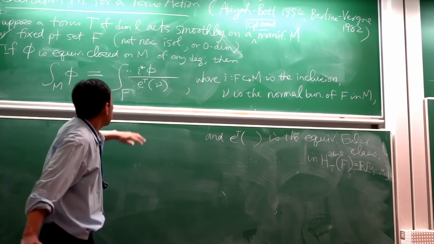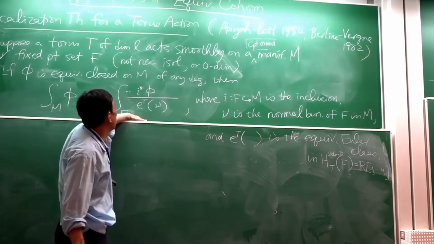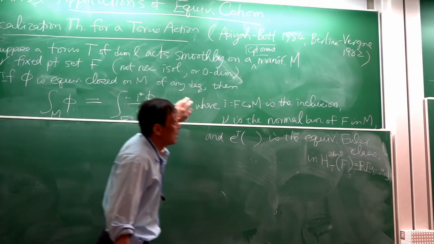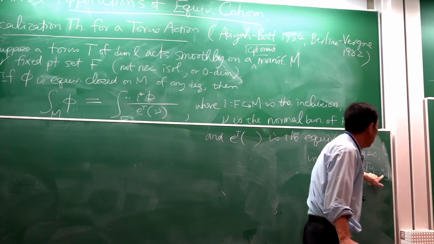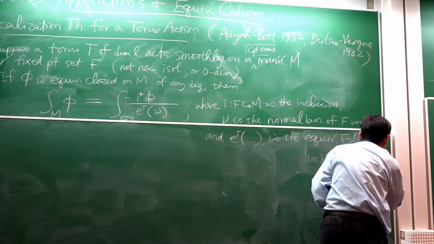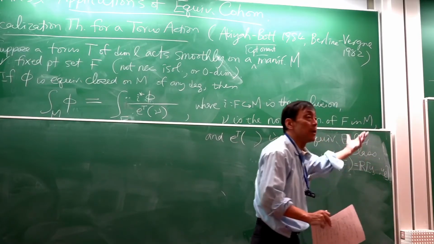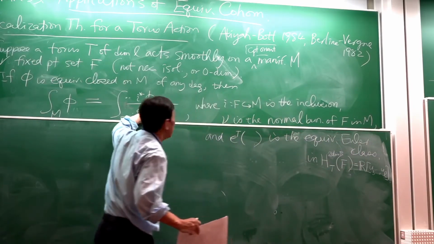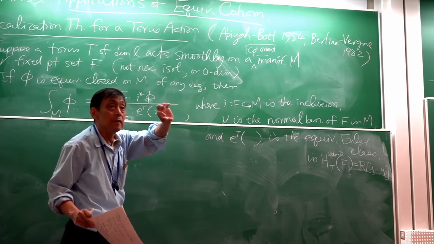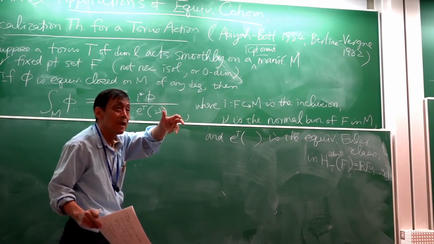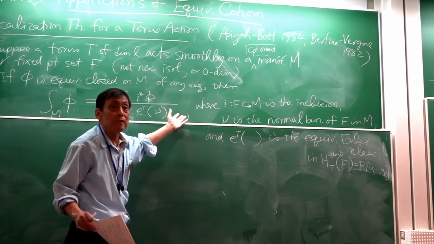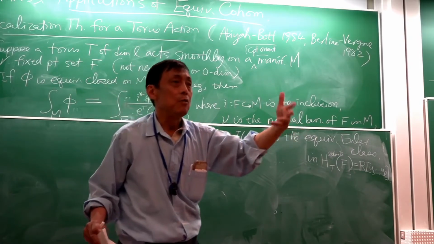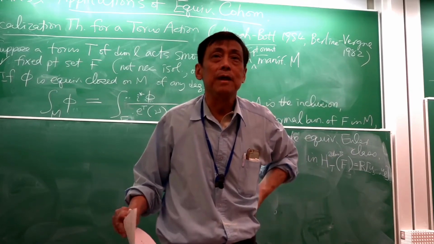Phi is a polynomial in the U's. For a torus, you have L variables. So phi is a polynomial in the U's with coefficients in the forms, and then you divide by another polynomial in the U's, and then you integrate. So what kind of answer do you get?